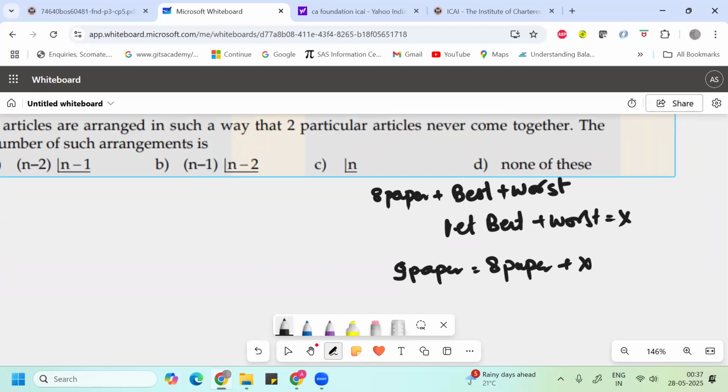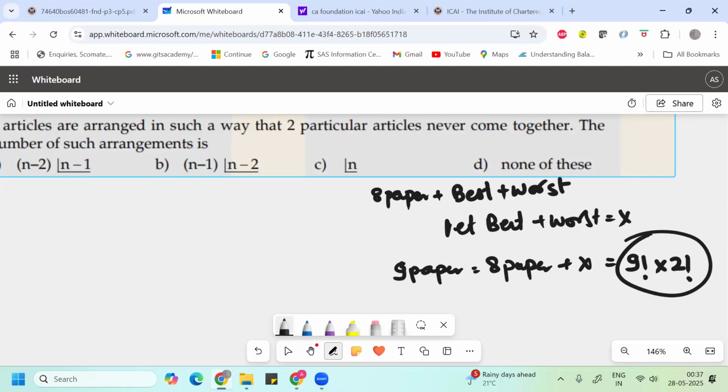In how many ways can you arrange this? You can arrange this in 9 factorial into 2 factorial ways. The best and worst can interchange their places, right? But they would be together. So they are always together in 9 factorial into 2 factorial ways.